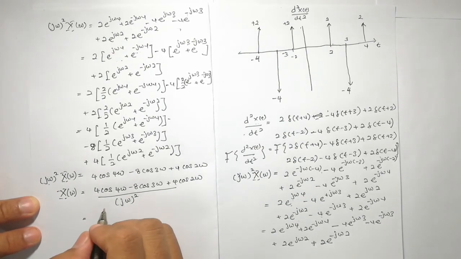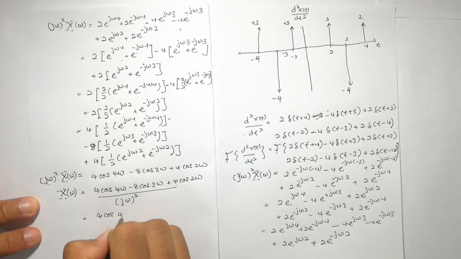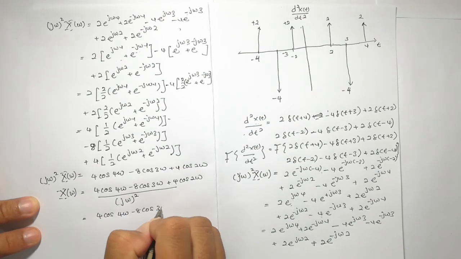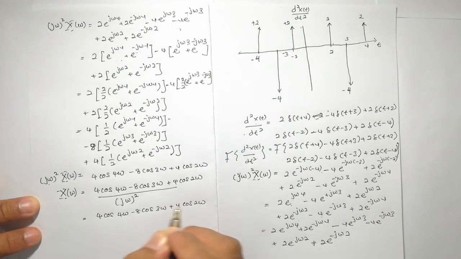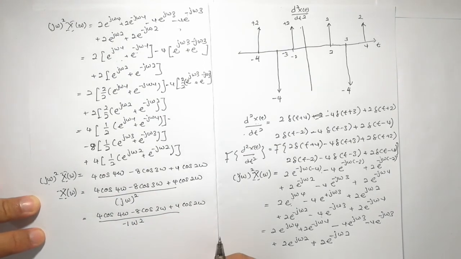So we have 4 cos 4ω minus 8 cos 3ω plus 4 cos 2ω divided by j squared, which is equal to -1, and then ω squared. So -1, and then we can also factorize this.